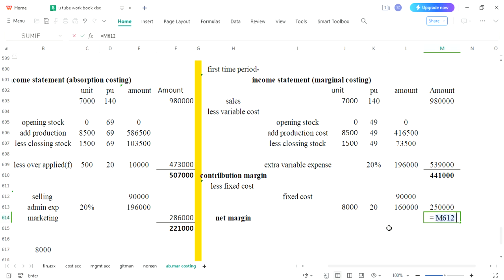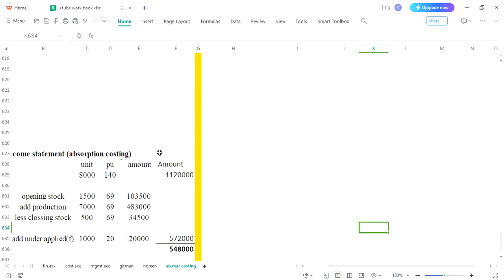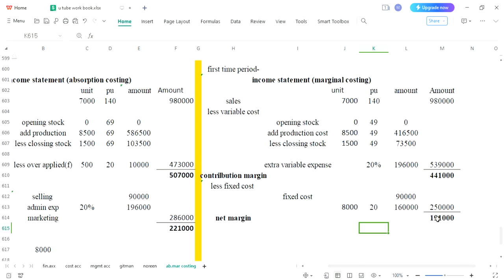Amount of contribution margin 441. So you will subtract your fixed cost, which is 250,000. In this way your net margin for marginal costing first time is 191,000. In this way first part of marginal costing has been completed.